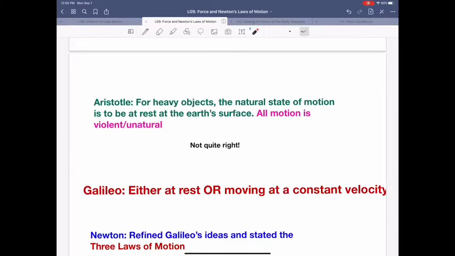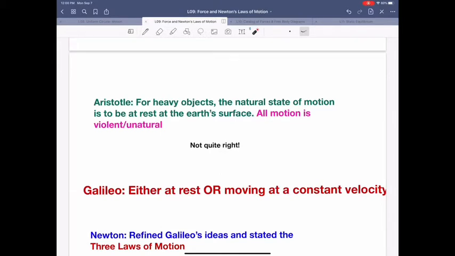According to him, any kind of motion an object has is unnatural. You have to do something to keep it moving, and that something is what you can call a force. You have to push it or pull it in order to keep it moving.